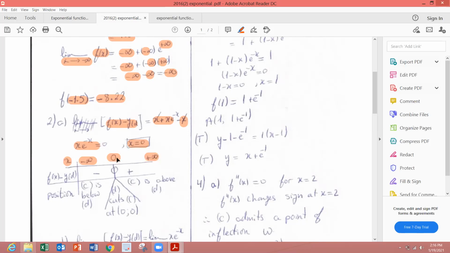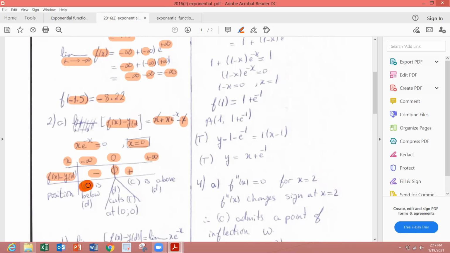We put 0 here, and here we put f(x) minus y_D. To know the sign after 0, I take a number like 1 and replace it in f(x) minus y_D. If I take 1, it will be positive here, and here it will be negative.